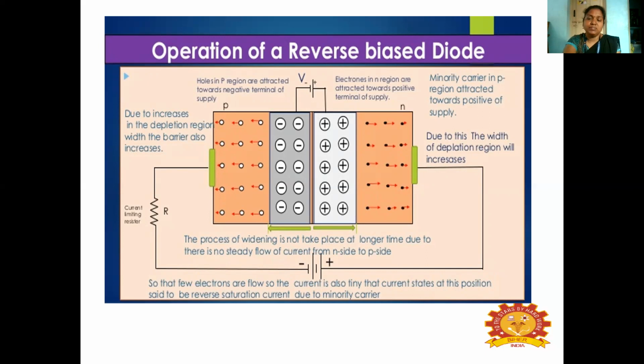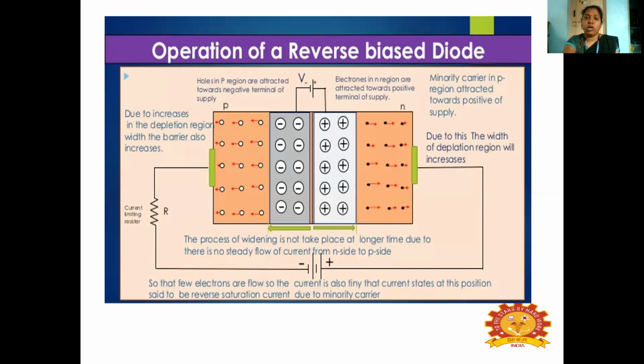When the biasing is given to the p-type and n-type material, the holes in the p-type region are attracted towards the negative terminal of the supply, and likewise the electrons from the n-type are attracted towards the positive terminal of the supply.